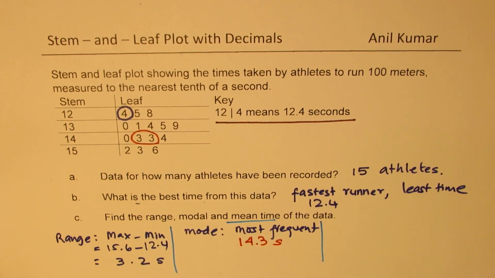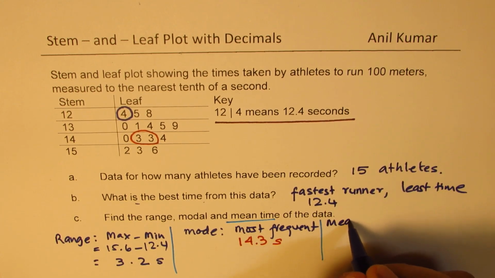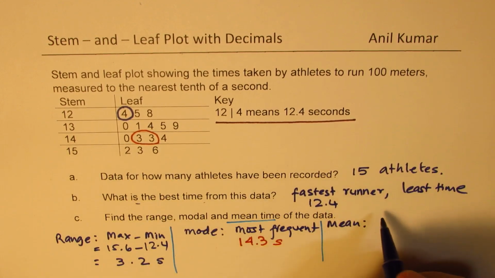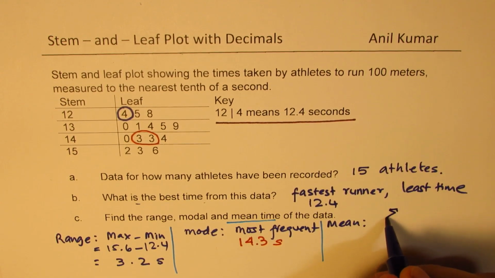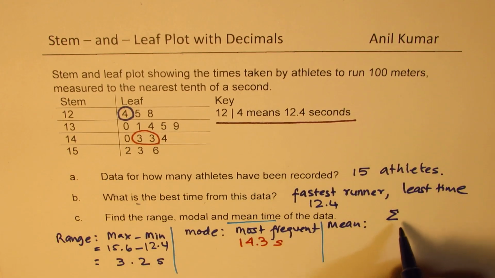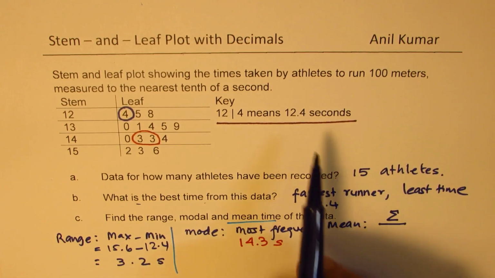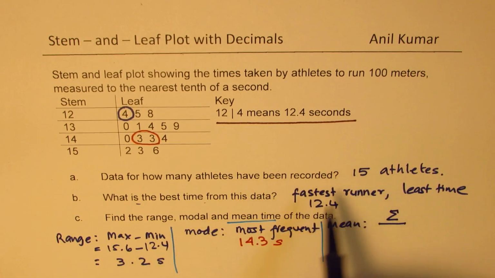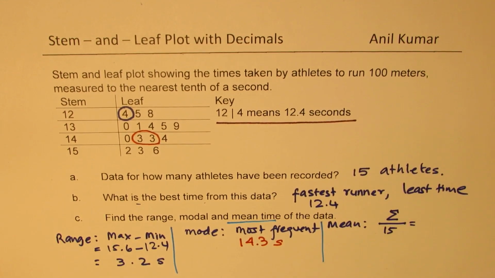So we can use the calculator to add them all. That is, I say sigma, we'll add all these times and then divide that by the total number of runners, which is, in our case, 15. Correct? So you can do this calculation.